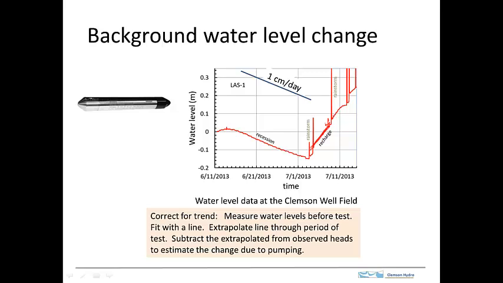But then you have a big rainstorm, and you see that that rainstorm can really raise havoc with the hydraulic heads. And if that's the case, it makes the analysis of the pumping test really very difficult. So that's something that you should keep in mind, that as you conduct these tests, you probably want to watch the forecast and pick a period when you don't have a big rainstorm.